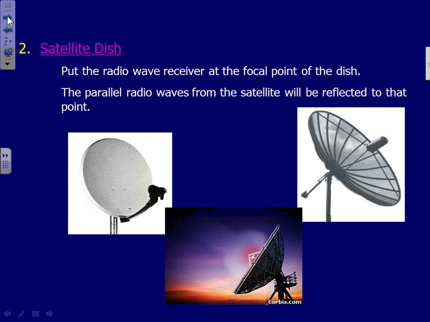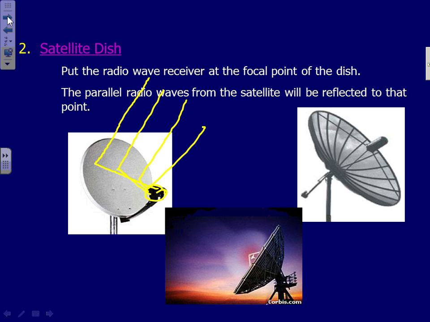That's because the actual satellite is up here somewhere, and it would be designed to bounce its rays off to the receiver, and then the receiver would be at a place where all those rays are coming in. So it doesn't necessarily have to be pointed right at it because they're bouncing and reflecting and doing a similar thing.